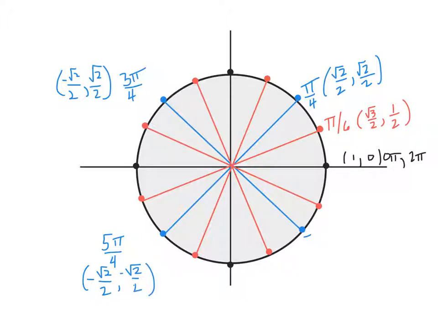And at 7 pi over 4, only our second coordinate would be negative. All right, let that sink in for a second and see if you could anticipate what the red ordered pairs would be.